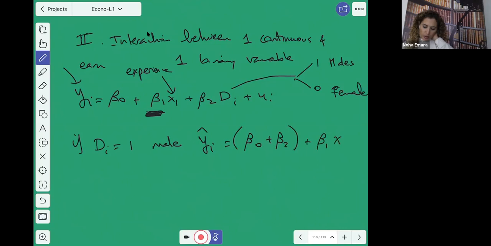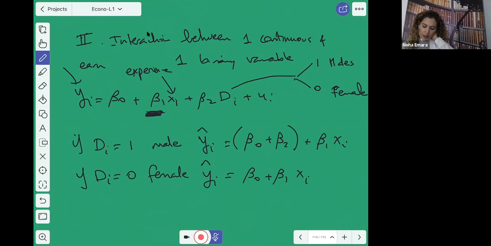Why I wrote here x1, you can think of it as xi, which is the experience. And if di is equal to 0, then this is the equation for females, and yi hat is equal to just beta naught plus beta 1 xi.